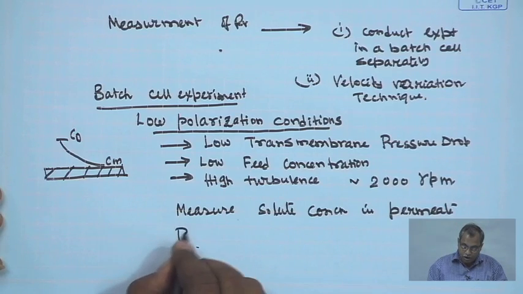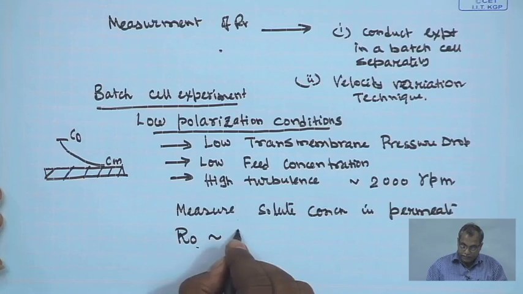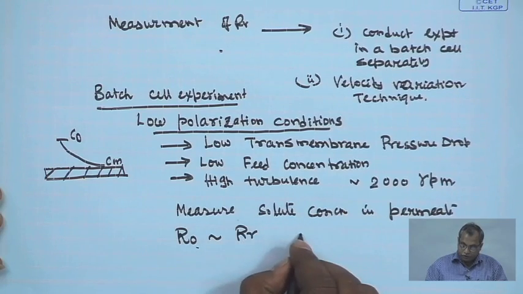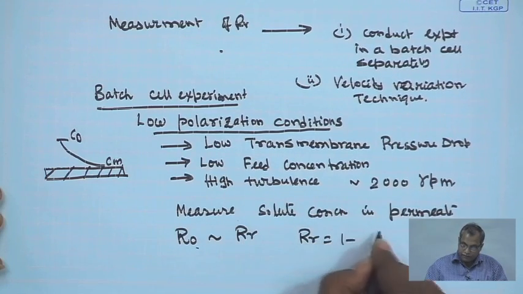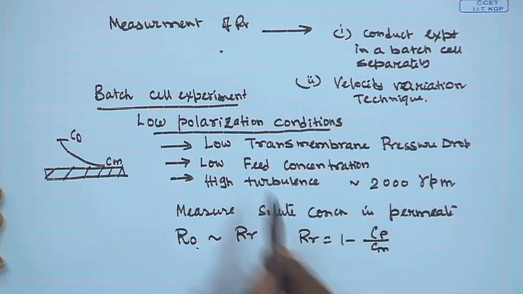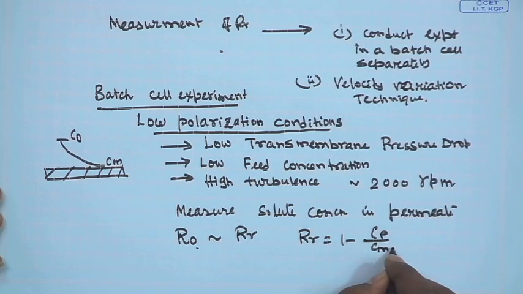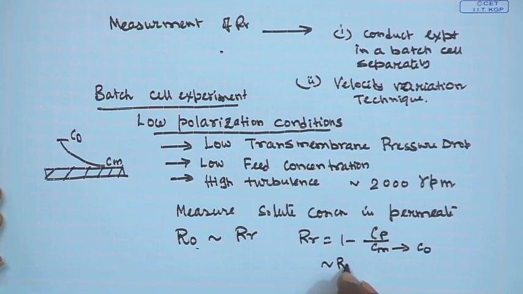Therefore, the observed retention in this case will tend to the real retention. The real retention is 1 minus Cp by Cm, and under these low polarization conditions everything will be mixed up, the existence of the mass transfer boundary layer is minimized, so Cm will approach C naught and I will get the observed retention.